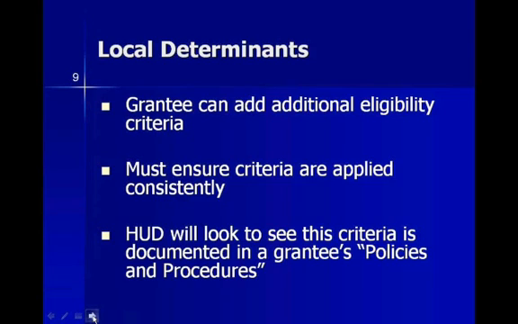If it's sound and you can really show us how you came to the conclusion that it would make sense to impose additional eligibility criteria, we're looking to make sure that, if you're a grantee, it's clear to all your subgrantees what these additional criteria are and that you have policies and procedures in place. We just need to make sure that it's consistent across the grantee and the subgrantees.